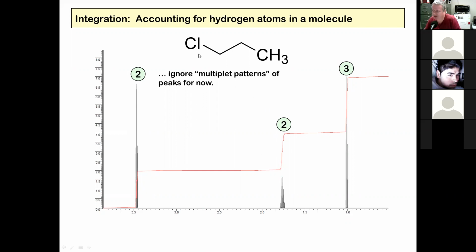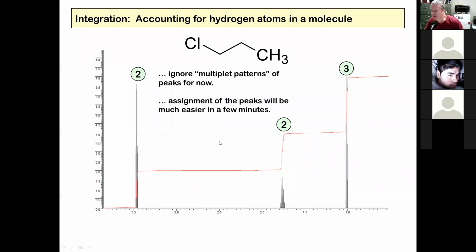If the CH2 connected to the chlorine is to the left, I call it downfield. So this left region is called the downfield region, okay? What do you think the right side is going to be called? What's the opposite of down? Up. So the right side is going to be upfield. Right side's upfield, left side's downfield. And we're going to see that over and over. So left, downfield, okay?